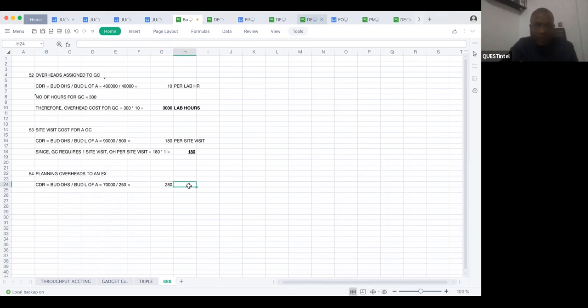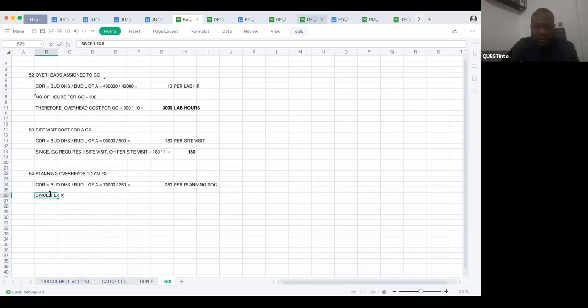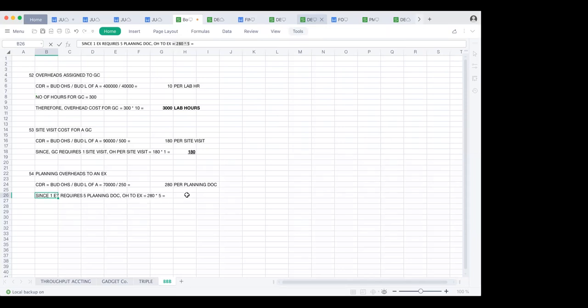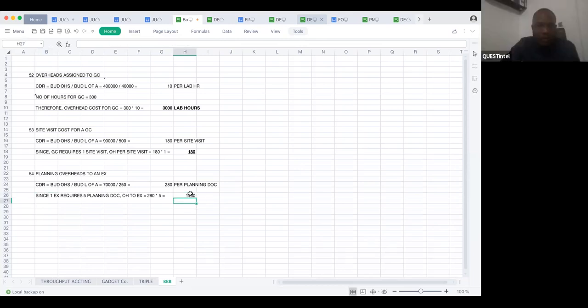So 280 per planning document. So since one EX requires 5 planning documents, overheads to EX will be equal to 280 multiplied by 5. So that's all.